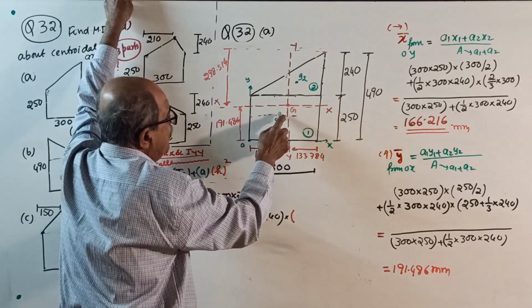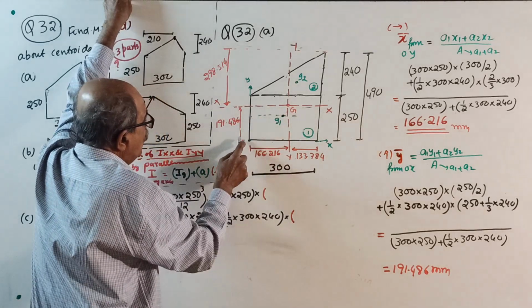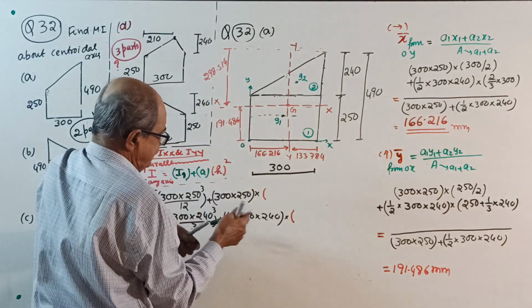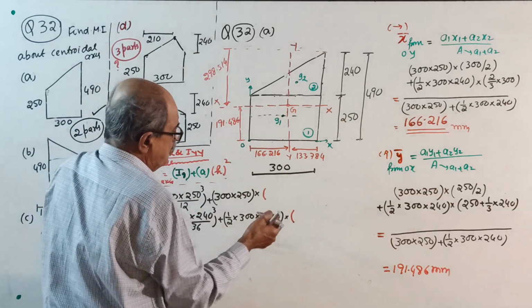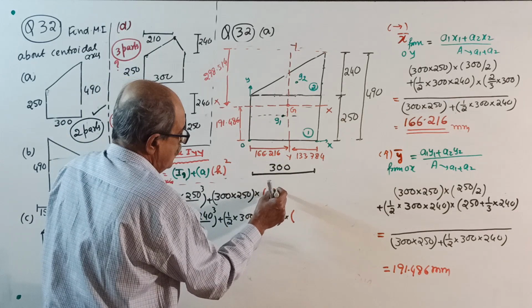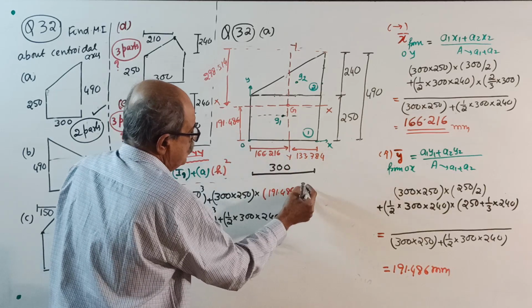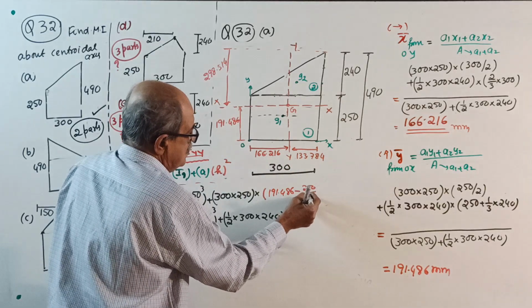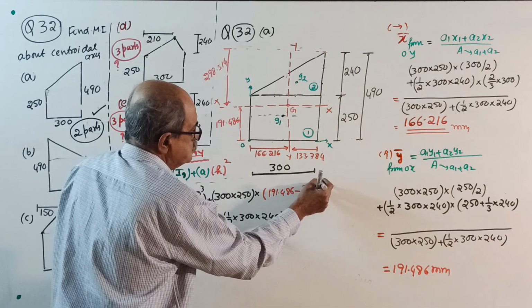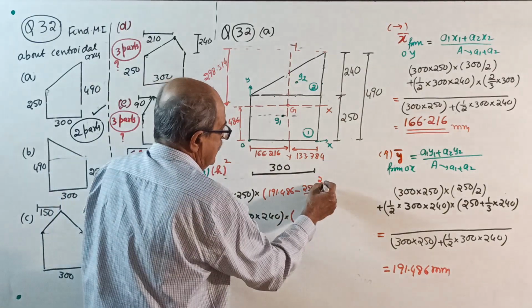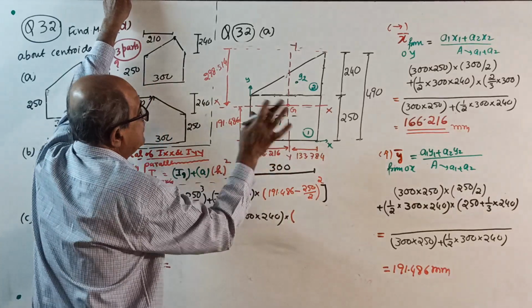G1 to x-axis perpendicular is 191.486. For all the 5 questions, this will remain same. 191.486 minus 250 by 2, that whole square will give I about x-axis for rectangle.